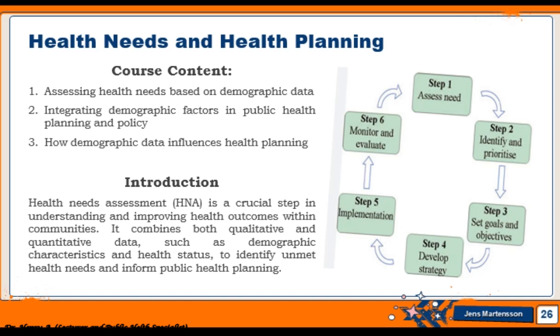So HNA integrates both quantitative and qualitative data such as demographic characteristics, the health behavior of that population, and also the health outcomes, and together they shape the health intervention that is planned for that population or community. The data used in health needs assessment come from a range of sources.